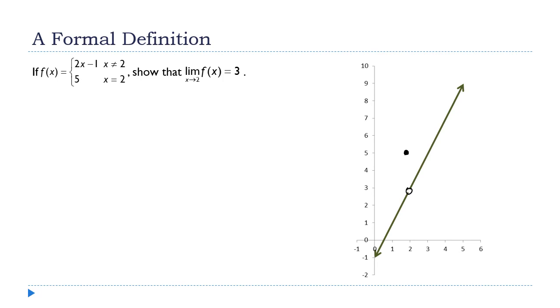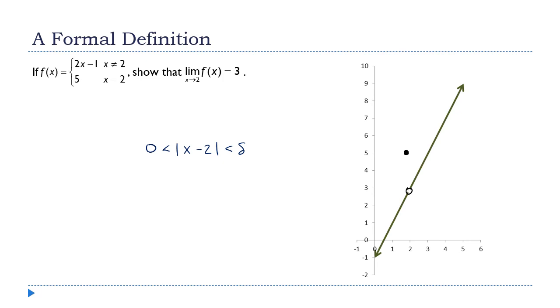And what I'm saying is, despite the fact that we have that wonky spot that I just pulled up into space there, the limit is still 3. The limit hasn't changed. And here's why. It's because of that 0 part. I need the absolute value of x minus 2 to be less than delta, but you've got to have that 0 less than part.